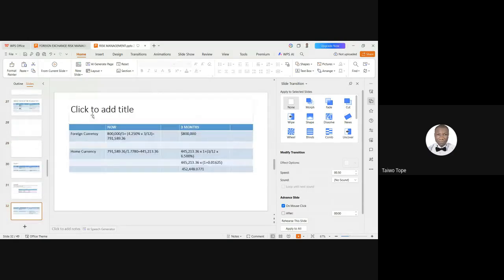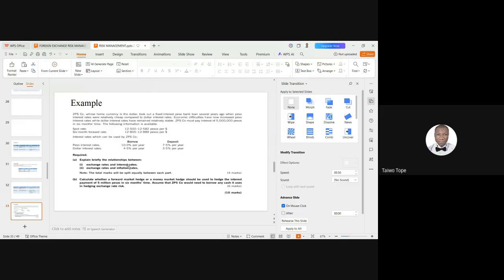Let's go to our question. The lower spot rate is what here? 12.500. Yes. So you can see this is the spot rate, 12.500. This is lower. 12.582 is the higher. So the lower is what you're going to divide with.